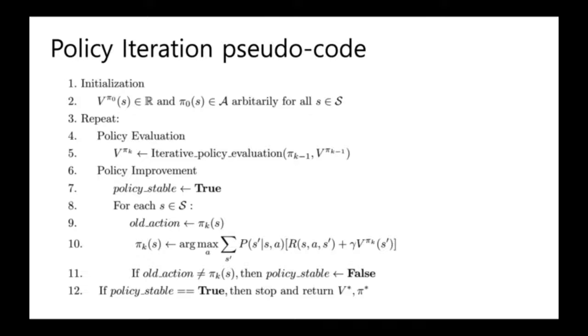The input of the algorithm is the previous policy and the previous value. The algorithm will return the evaluated value given the policy. In the policy improvement step, we will improve the policy by finding the best action according to the action state value. The algorithm will terminate when there is no change in the optimal policy.